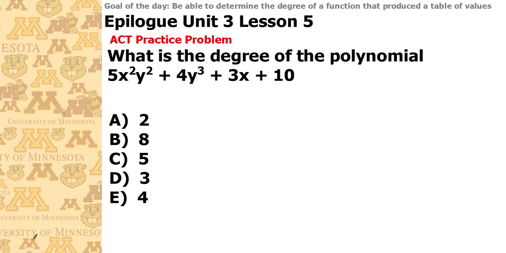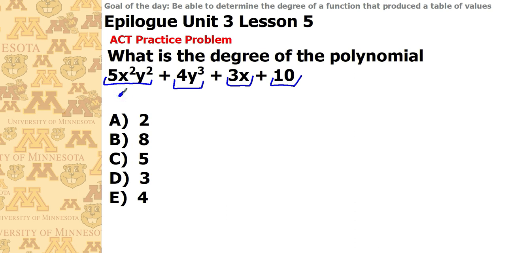What is the degree of the polynomial? Now, we haven't looked at one like this before. That's why I put this in here, because this has two variables, right? So remember, the degree was always the highest exponent in a term of a polynomial. Where's the highest degree? Here's a 3, but this has a 2 and a 2, right? So which one's bigger? Well, the degree of a term, if it has multiple variables, you add the exponents.